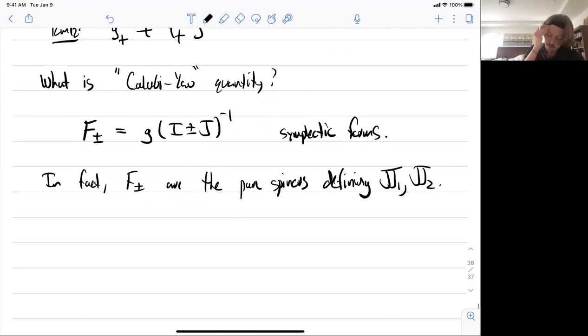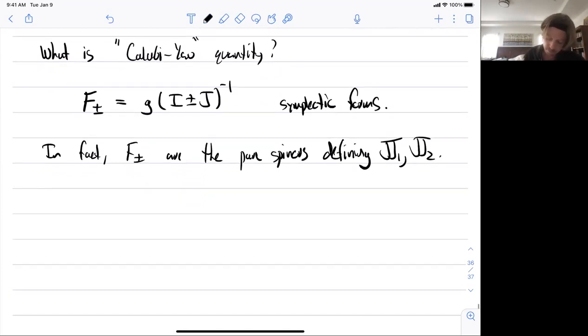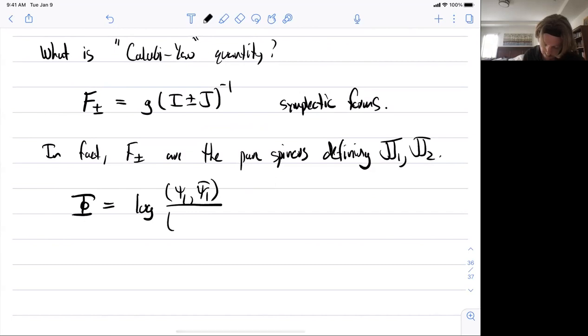And so then it's easy to write down what this quantity phi is. This quantity phi we usually define to be the logarithm of the ratio of the Mukai pairing of the two pure spinors defining the generalized complex structures.